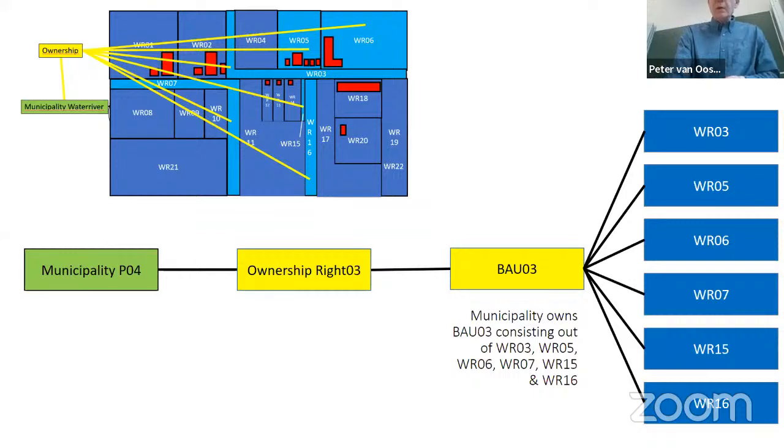Also for the municipality, we have the same construction. So all the parcels of the municipality are grouped into one administrative unit, and they are all owned by the municipality, which is party number 4 or person number 4.